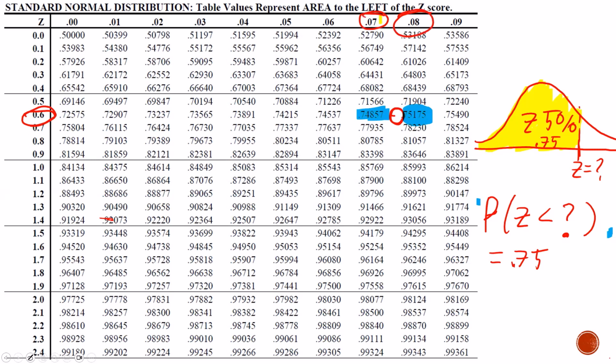And specifically, I know it's between the 7 and the 8, right? So I go 7.5. So I would say z equals 0.675, since it's between the two.